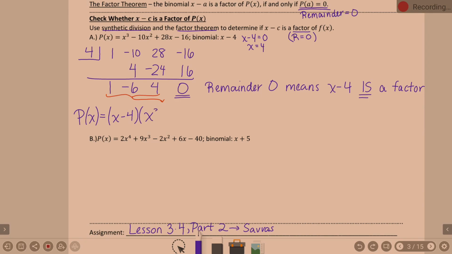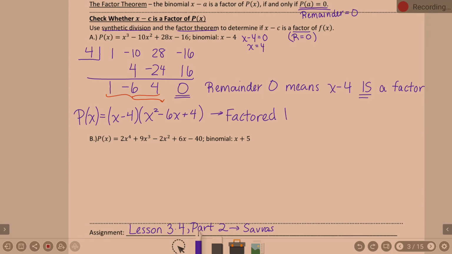I'm with her. You guys with her? Yeah. In other words, we divided by x minus 4. We got a remainder of 0. So what we divided by and what we got are both factors. So x minus 4 is a factor and x squared minus 6x plus 4. So if they ask you to write factored form, that's what you're looking for.